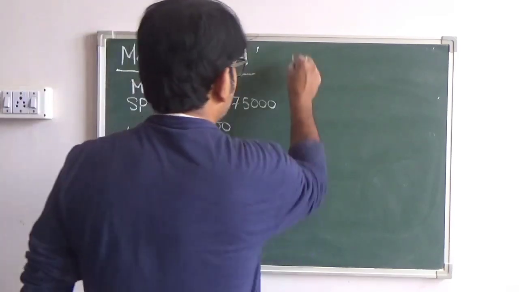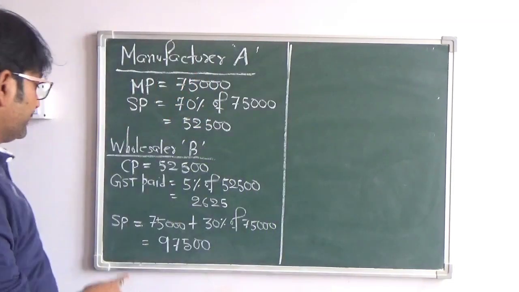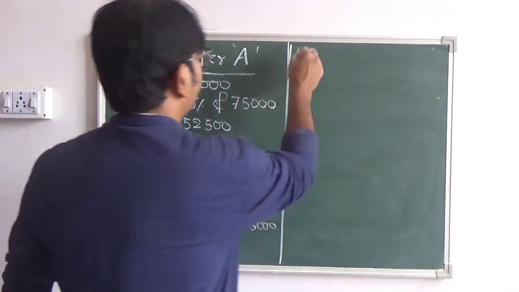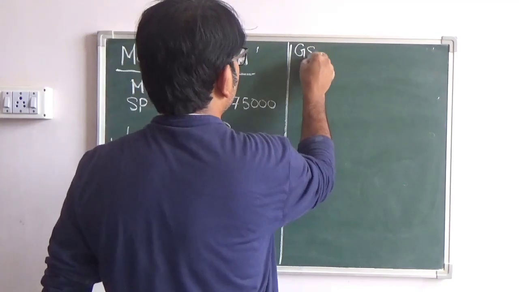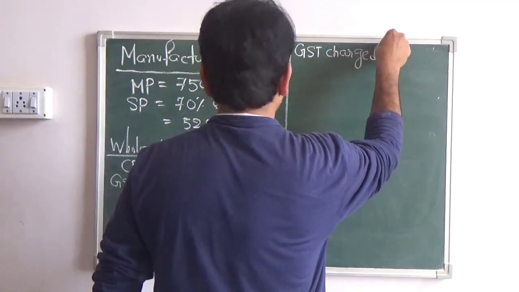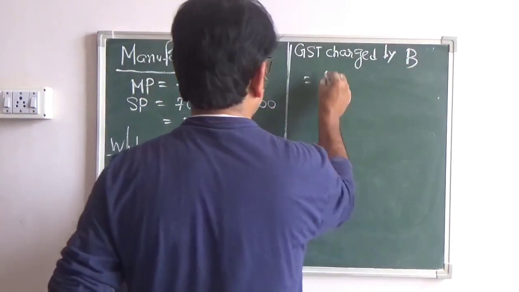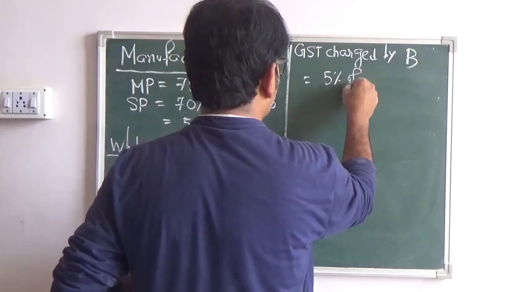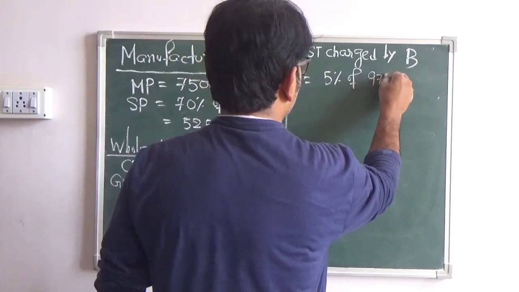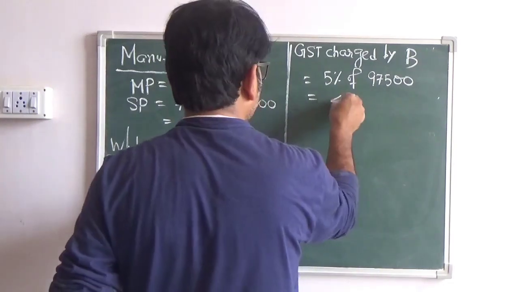So obviously now, selling price is this, so you will charge GST. So GST charged by B, that is 5% of this amount, equals 5% of 97,500, and that is coming to 4875.